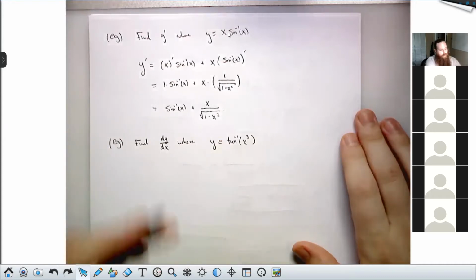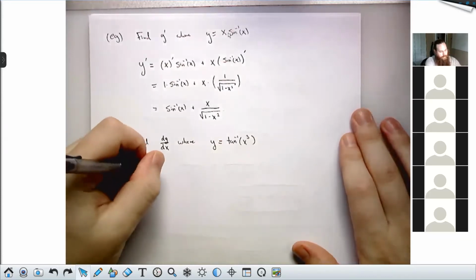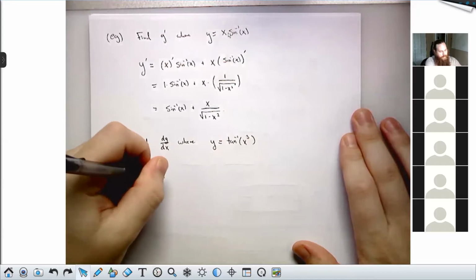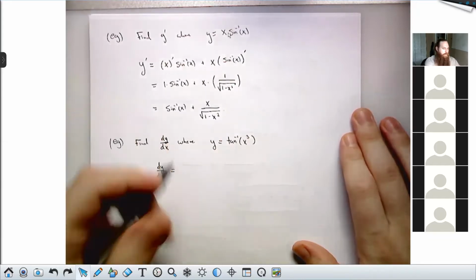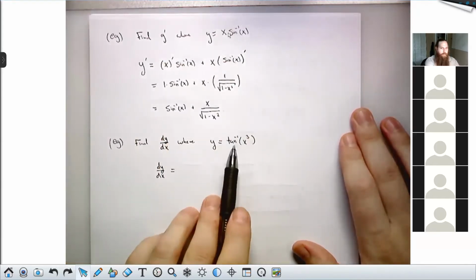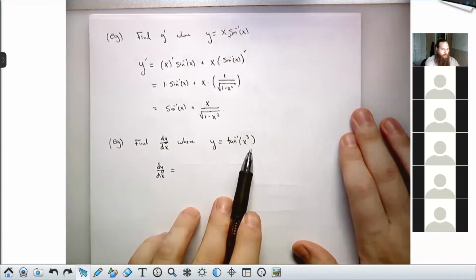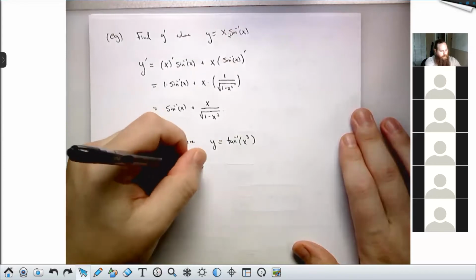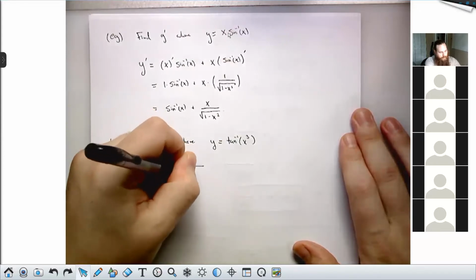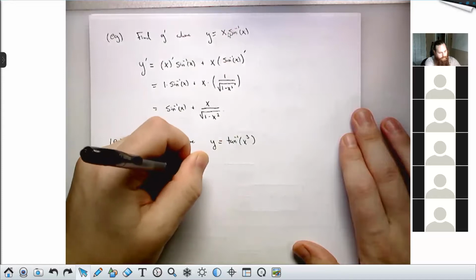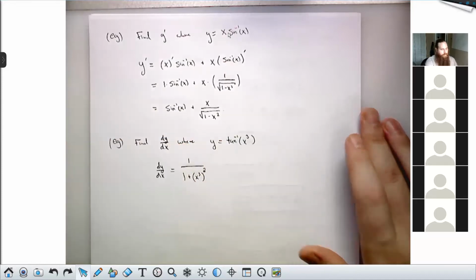Here I need the chain rule. So dy/dx is going to be, I differentiate the outer function, which is the inverse tangent function, leaving the inside alone. That would be 1 over 1 plus (x cubed) squared.